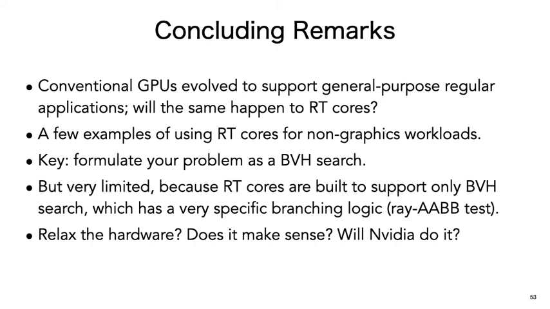But this also limits the applicability of RT cores because BVH search is a very specific kind of search. So if we think of today's GPUs as accelerating general purpose regular applications, it would certainly be interesting to think about how to generalize RT cores so that they become general purpose irregular accelerators.